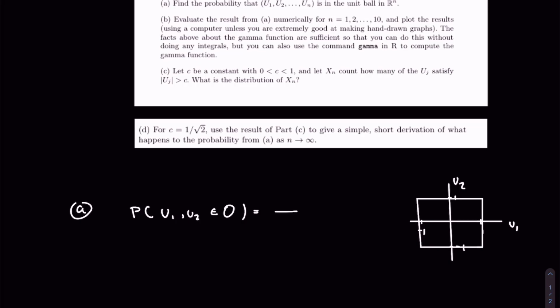This is the full region, the full support of u1, u2, and we're going to check what's the probability that these two fall into a circle in this support. So let's draw a circle inside here. Let me tidy this up a little bit.